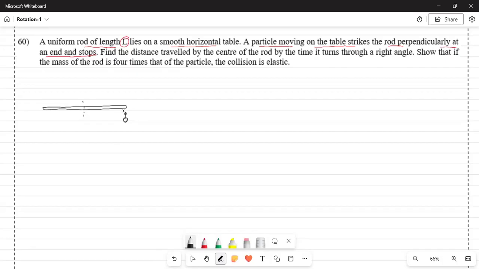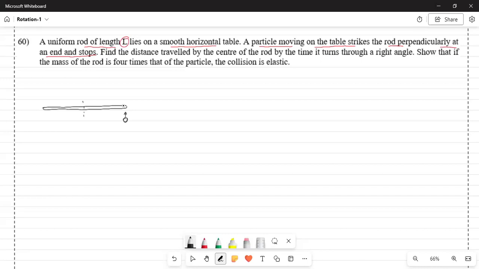So we can easily see that whatever the momentum of this particle, even if it's a very little momentum, the momentum will impact the tip of this rod, and the rod will have some motion. As earlier, what will be the rod's motion?